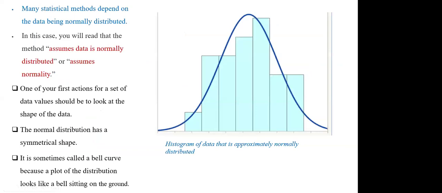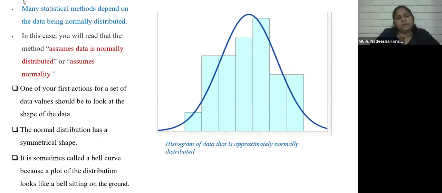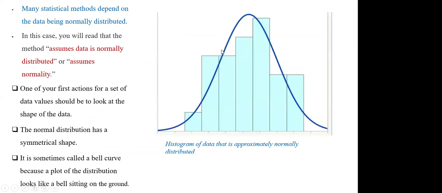Here, the data is assumed to be normally distributed, or assumes normality. This is our normally distributed curve, the dark blue curve.